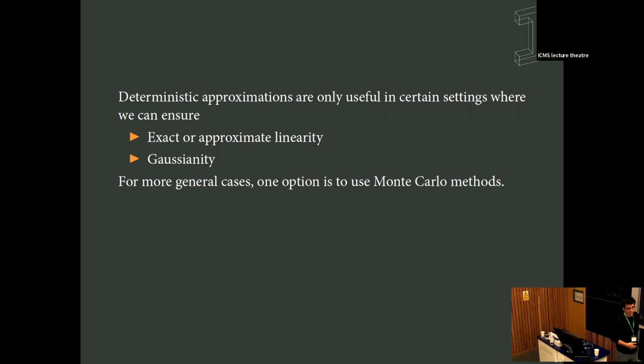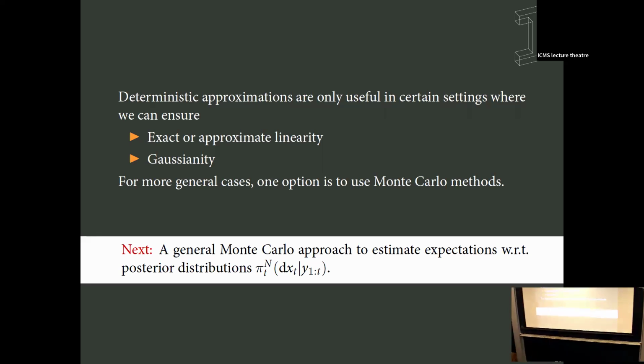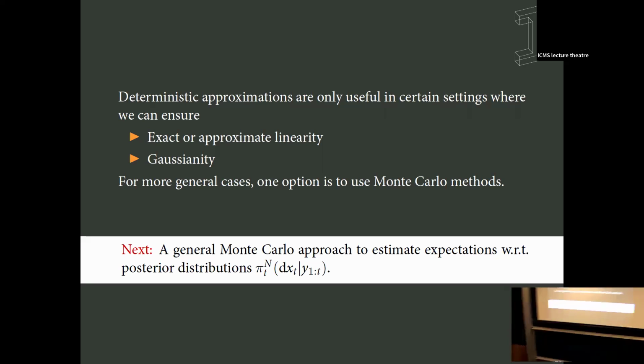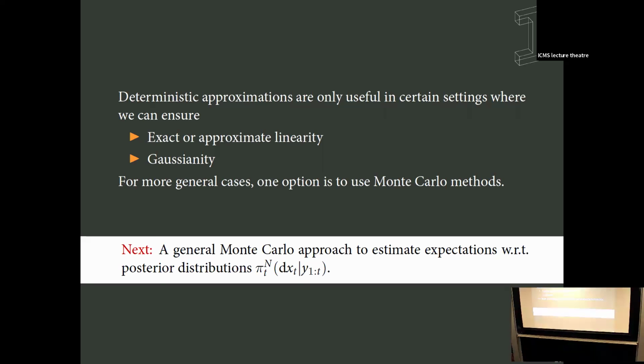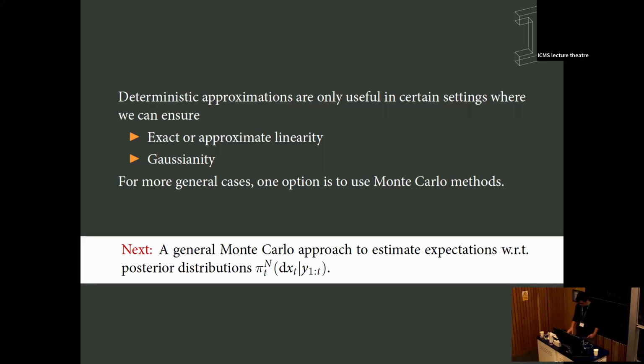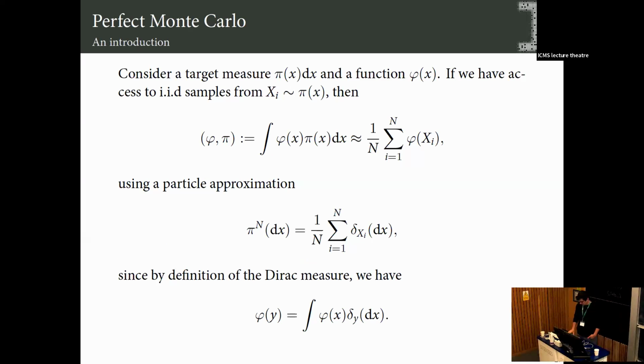If you want to compute other moments or expectations, you use those samples to build them. So the next goal is: can you build a general Monte Carlo approach to estimate expectations? I assume you're going to hear all about this, a more general approach.